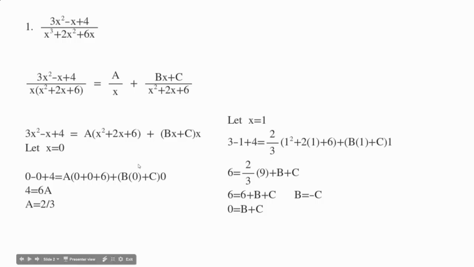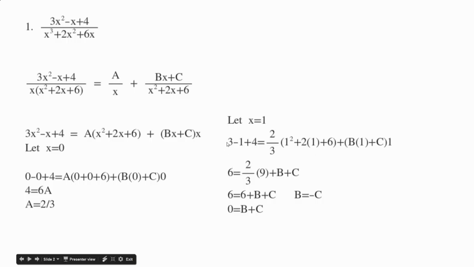So now we have A, but we don't know what to do with the second term. So we're going to say that x equals 1, since we don't know how to cancel this term right here. And so that means that you get 3 minus 1 plus 4 equals 2/3 times 1 squared plus 2 times 1 plus 6 plus B times 1 plus C all times 1.